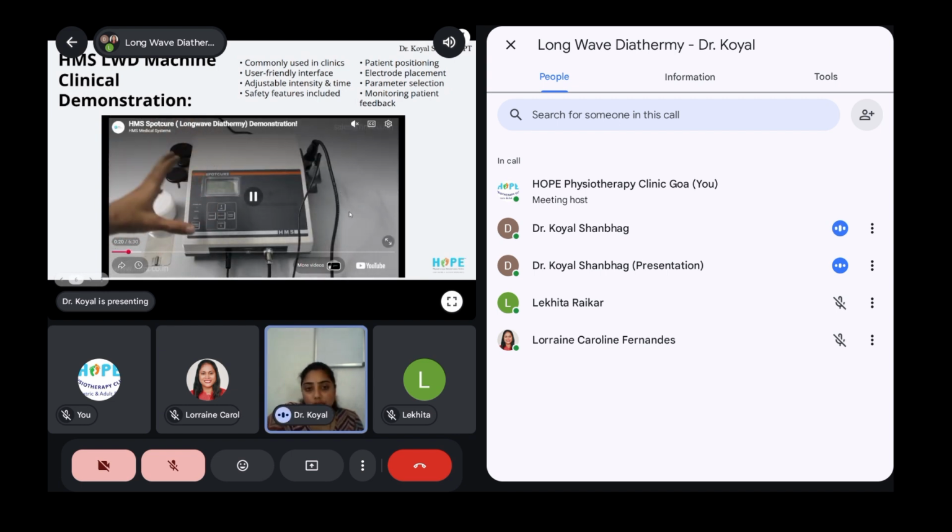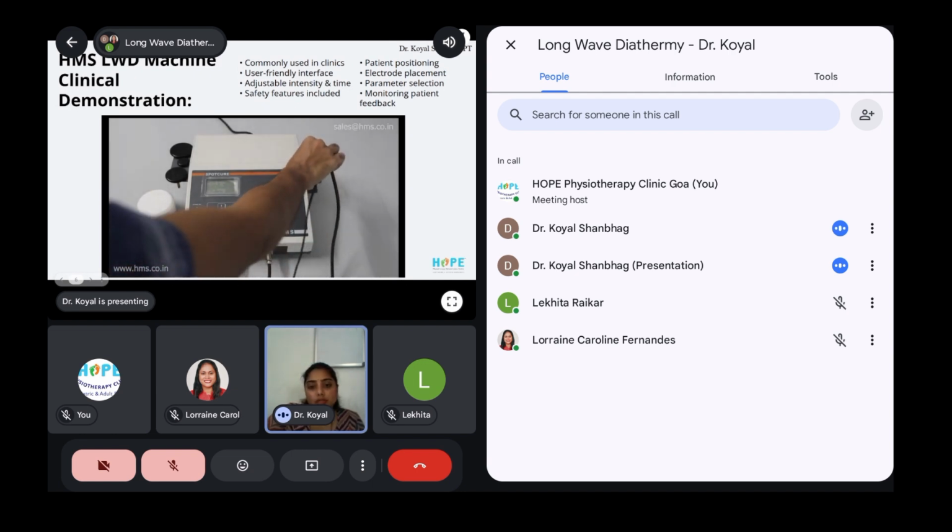This is a machine and it has 3 applicators. One is large, one is medium, and one is small. We have been seeing these in our clinic. These are the 2 electrodes that are given. One is a flat one, and one can be held in the hand. These are mostly the inactive electrodes.